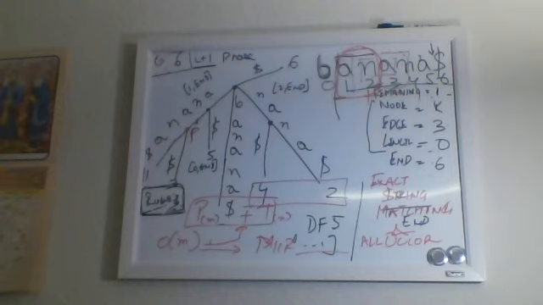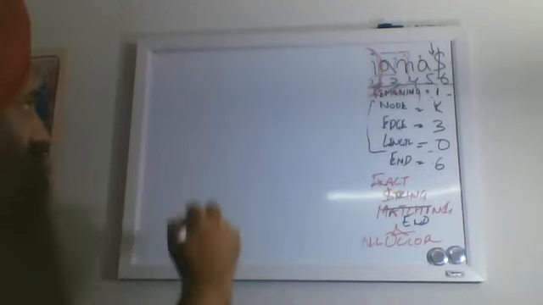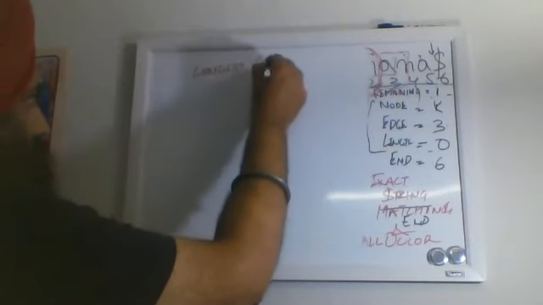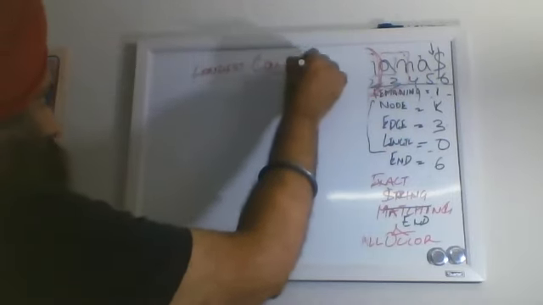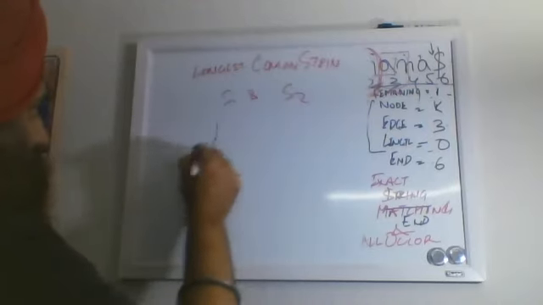Another application, let me explain, is known as the common substring in S1 and S2, like I told you earlier. You create a suffix tree with S1.